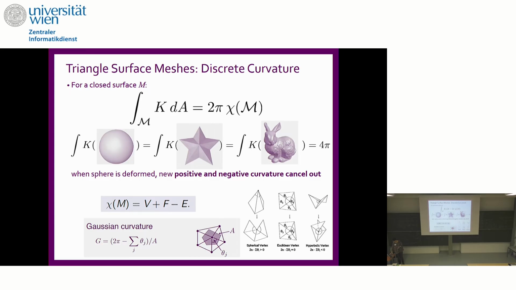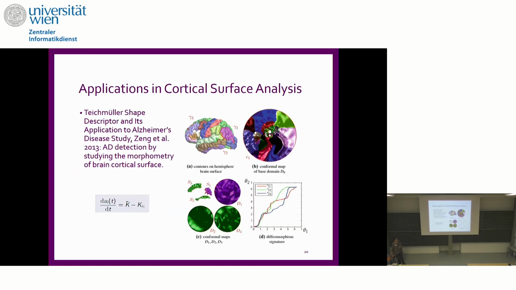So I'm not probably presenting anything new in this context, but it's to say that it was applied by different colleagues in our community to cortical surface analysis. It's just to be able to somehow analyze in a better way the deformation of the cortex based on different disease progression.